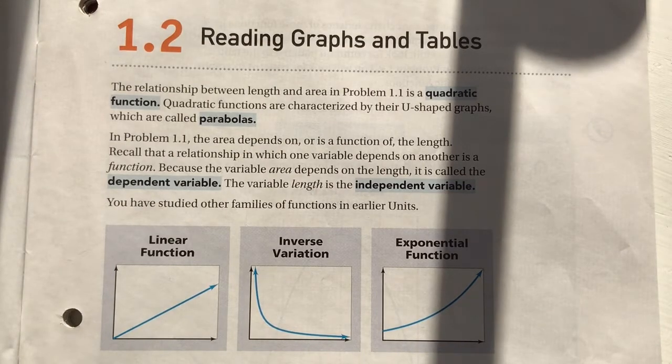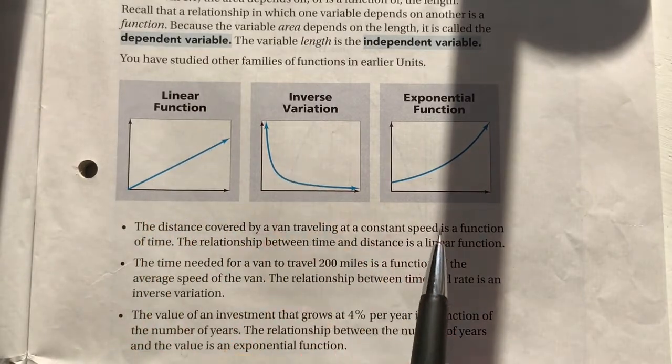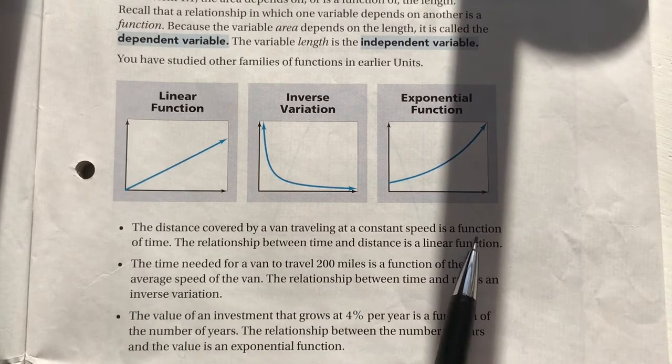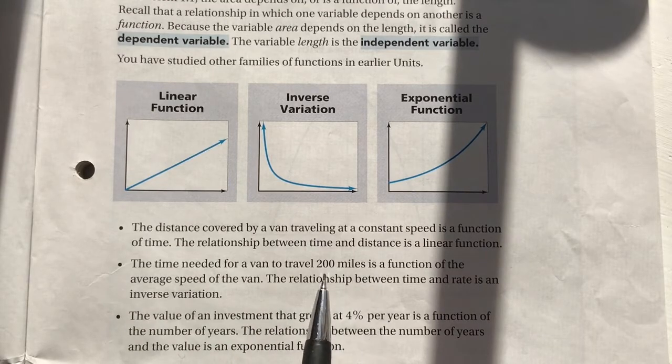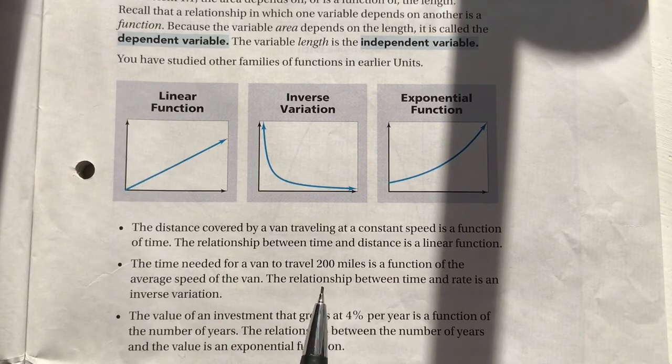So these are some of the functions that we've already studied. We've already studied linear functions, inverse variation, and exponential functions. You can see, like, the distance covered by a van traveling at a constant speed is going to be linear. The time needed for a van to travel 200 miles is a function of the average speed, which would be inverse variation, because there's that constant of 200 miles.